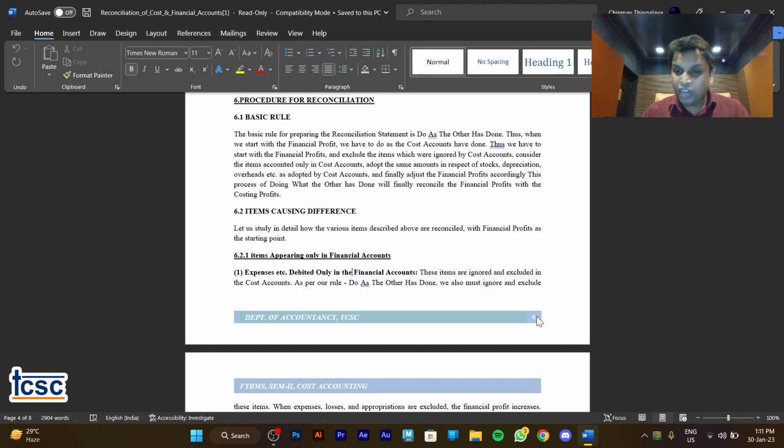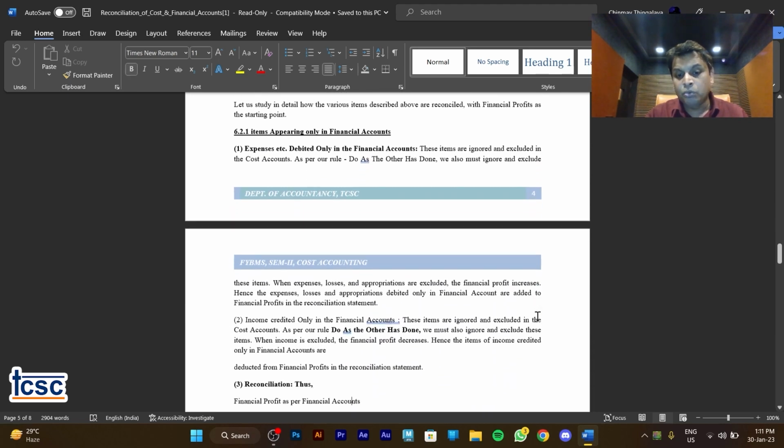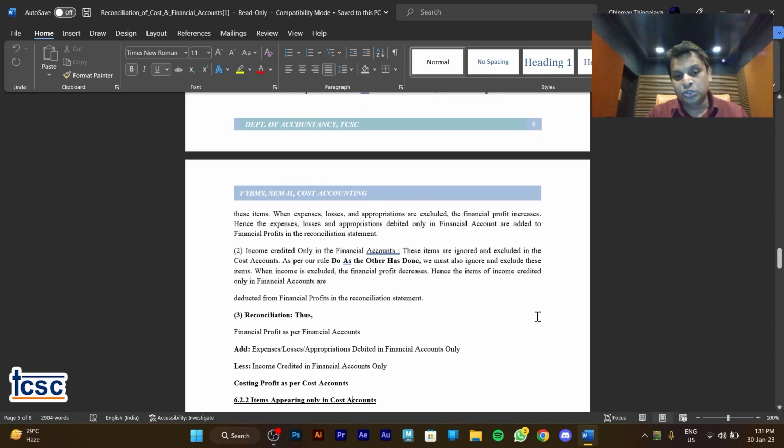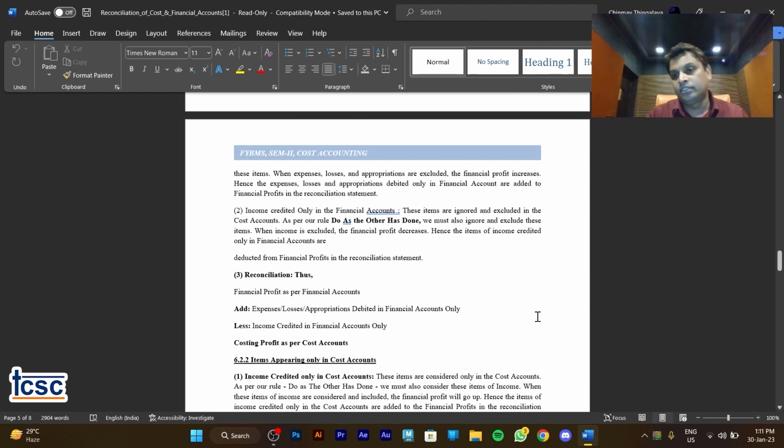So one book's profit or loss will be given, and you're supposed to find out the profit or loss of the other book. I hope things are very clear to you all. And the basic rule which we are going to follow is what other has done. So this whole chapter is based on the concept of what other has done.